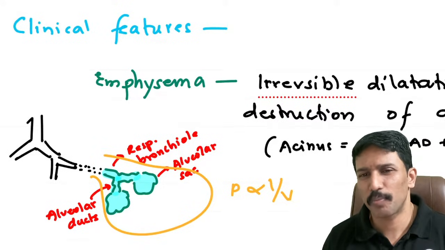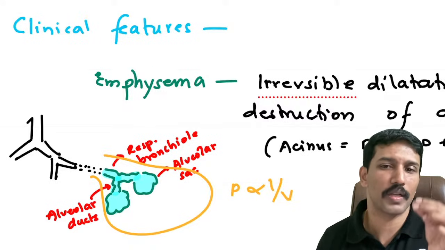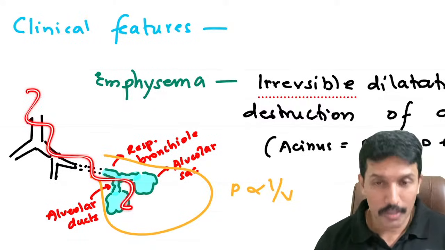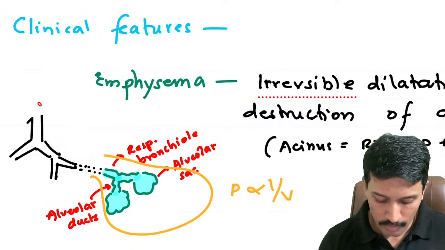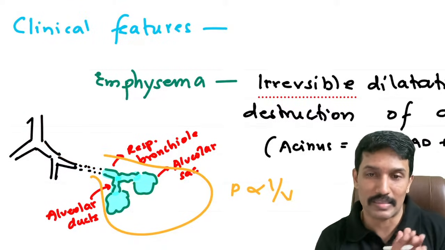So don't you think these people will also be helped if they keep the mouth opening small while breathing? The more open it is, the whole airway's pressure will be low. But if they keep the mouth partially closed, they will be able to build higher pressure inside the airway, and it makes it easier for them to exhale the air.